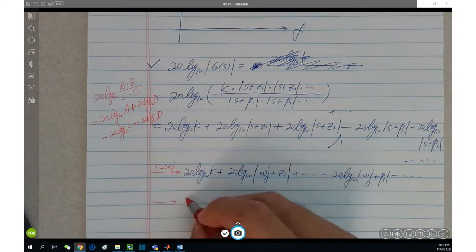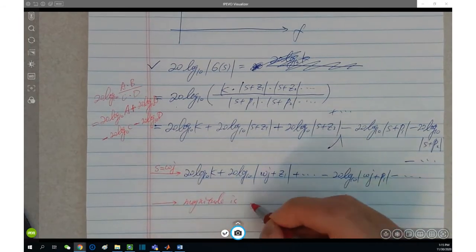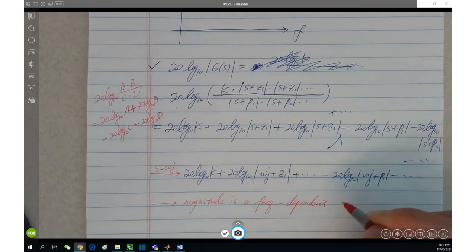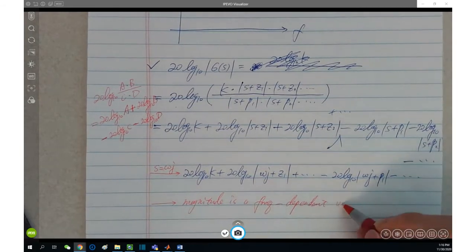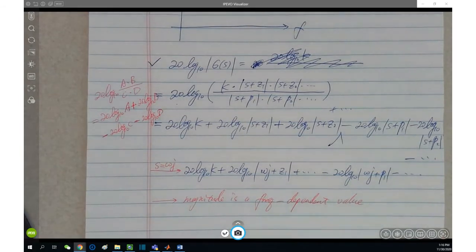Therefore, magnitude is a frequency dependent value. Does it make sense? This is the magnitude, and magnitude only. How do we come up with magnitude as a function of frequency? Here we go. s is a frequency dependent variable. You have different frequency, then you have different s value.